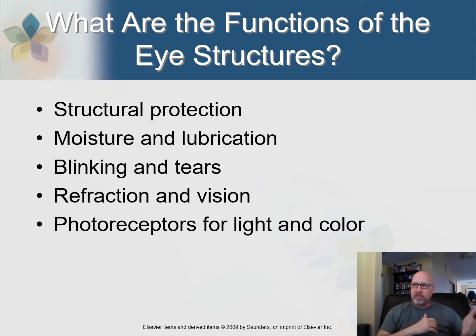As your eyelid sweeps over, eyelashes move any dust particles out of the way to prevent anything from getting into your eye. And the eyelid itself runs over and makes sure nothing is in your eye, keeps it nice and lubricated and moist. All right, so being able to blink and produce tears is an important aspect of keeping your eye itself protected.